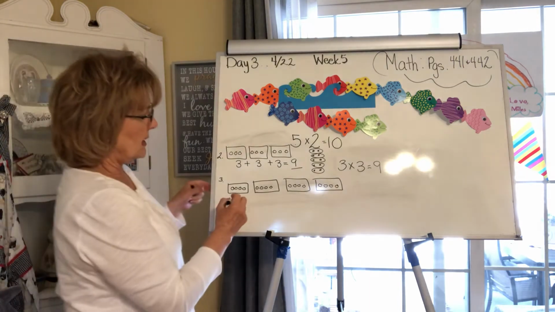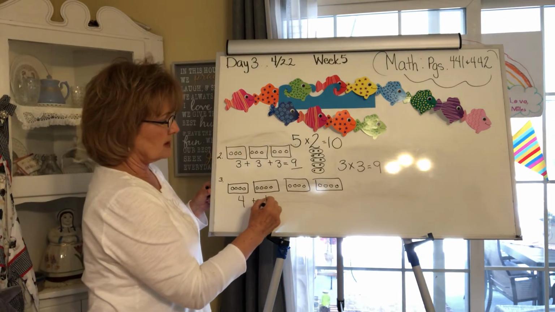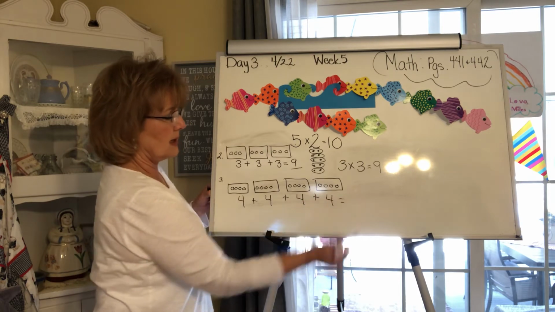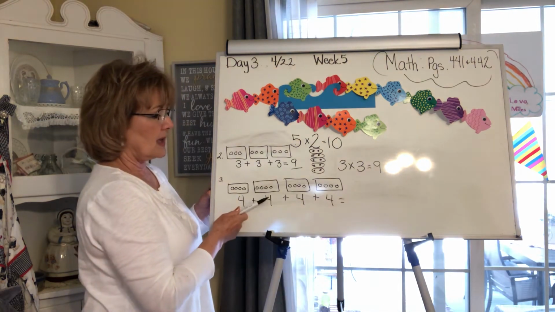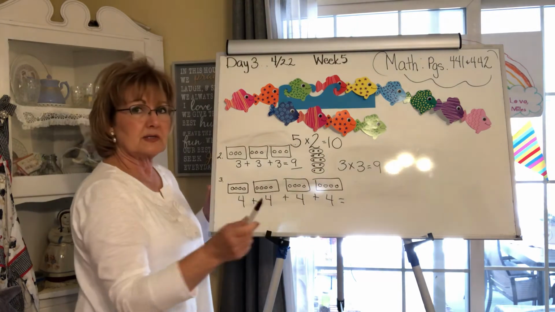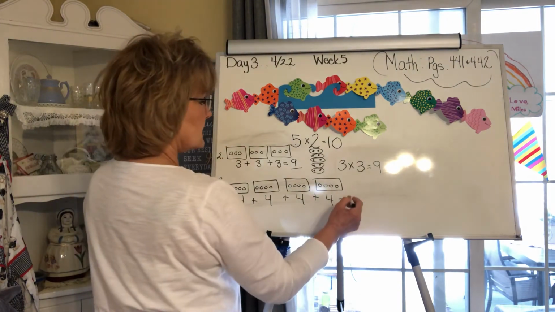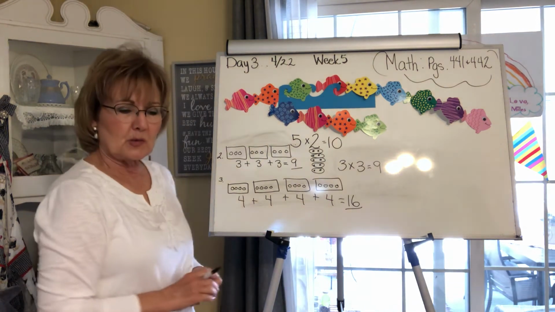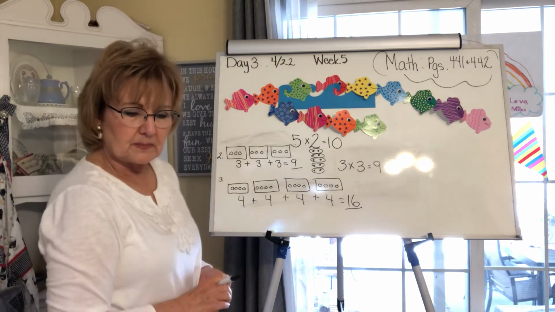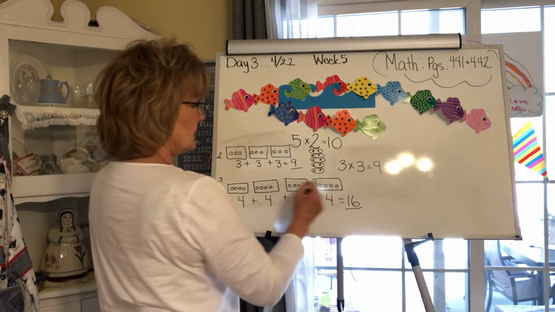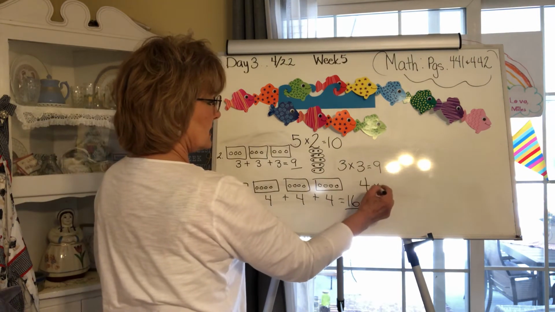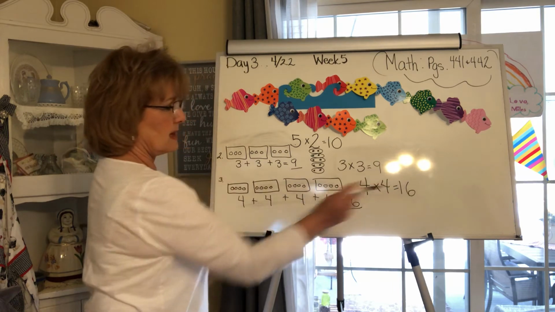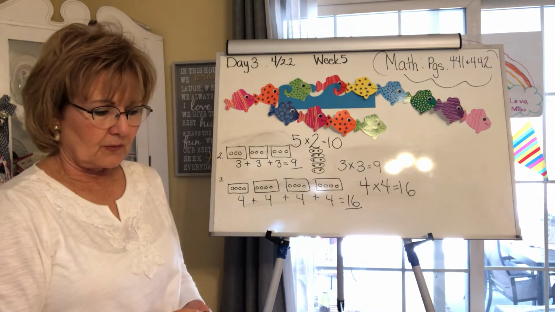So we have what? 4 plus 4 plus 4 plus 4. You're counting by 4s. 4, 8, 12, 16. Remember, a skip count kid loves numbers. Okay, so the multiplication would be 4 times you have a 4. 4 groups of 4. 4 times you have a 4.